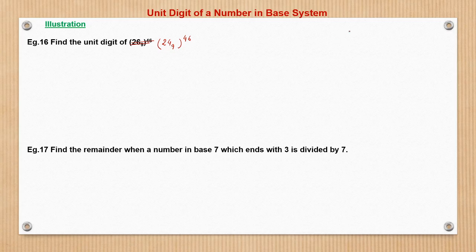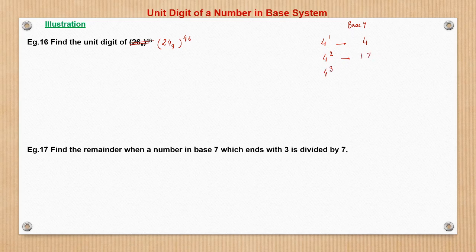Now what happens here: 4 is there, so 4 raised to power 1, and we will be dealing in base 9. So 4 raised to power 1, unit digit is 4 here. 4 squared is 16, right? So what would be the conversion in base 9? 16 would be 1 7, so 7 becomes the unit digit.